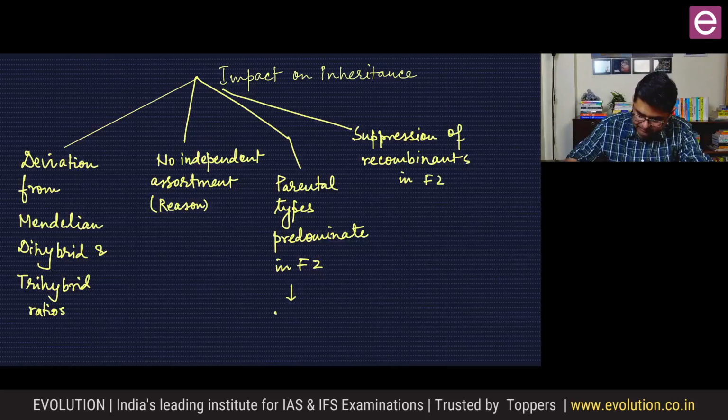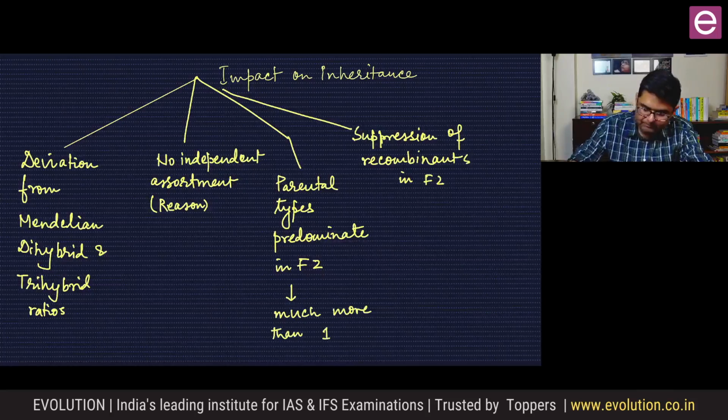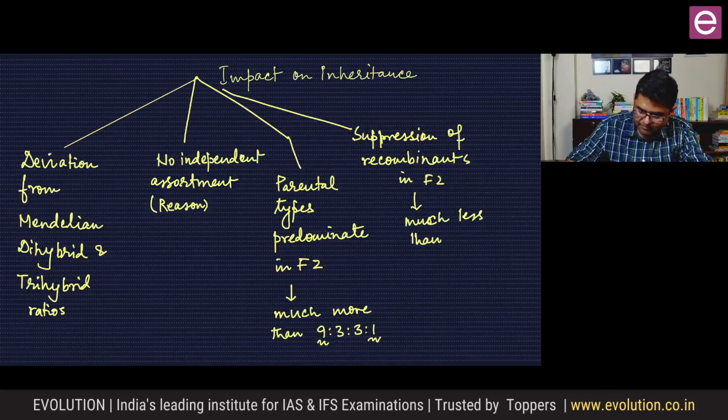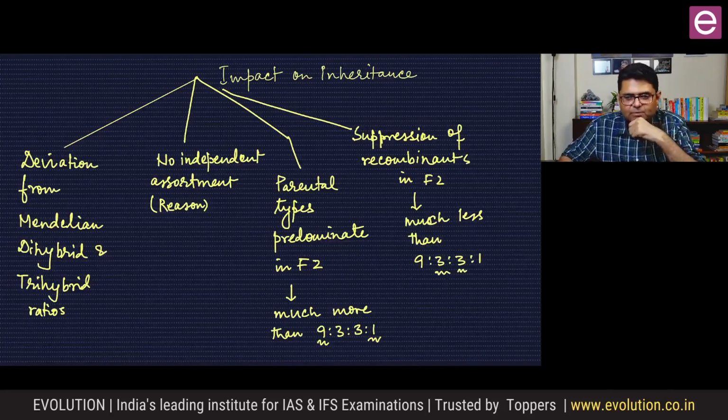So this is much more than 9 and 1 in comparison, and this is much less than 9331. I hope you get this point about why recombinants will be suppressed.